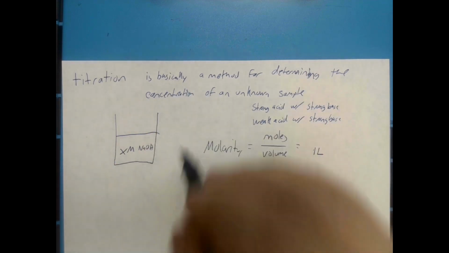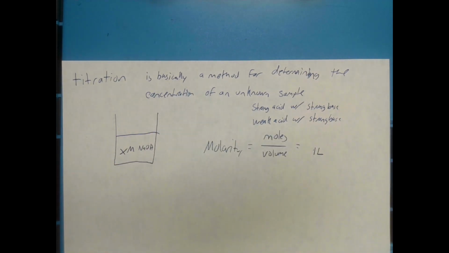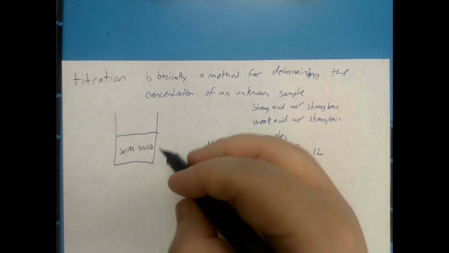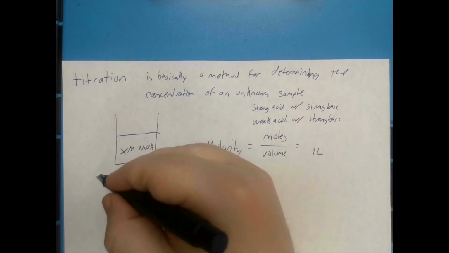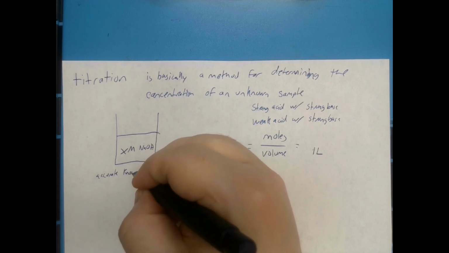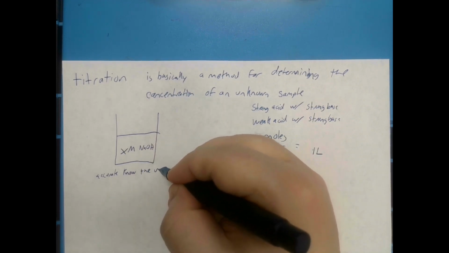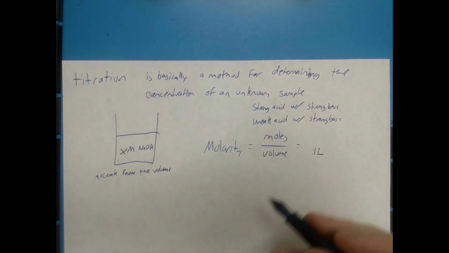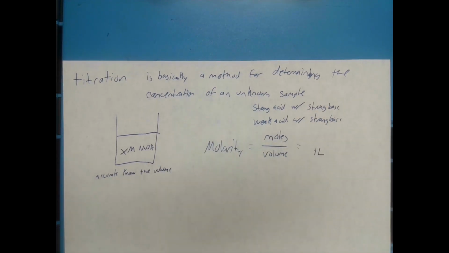But so what can we accurately measure? Very easily. Volume. Volume is very easy to measure. We put it in a tube that has measurement marks on it and read it. So we can accurately know the volume of this. And the only thing to figure out concentration is number of moles.